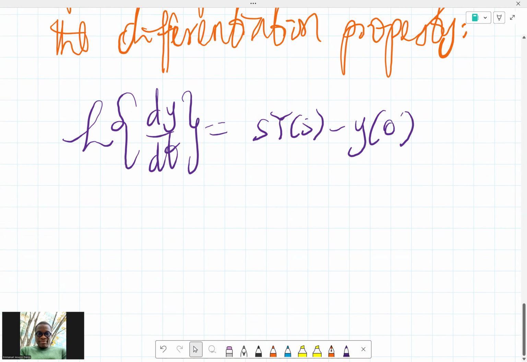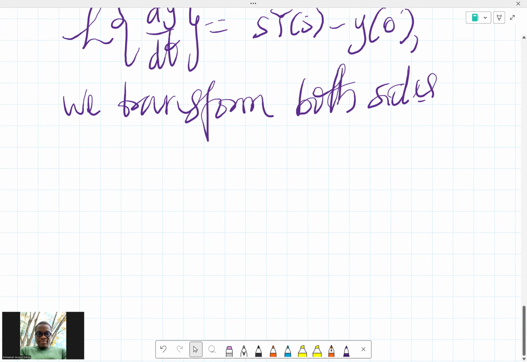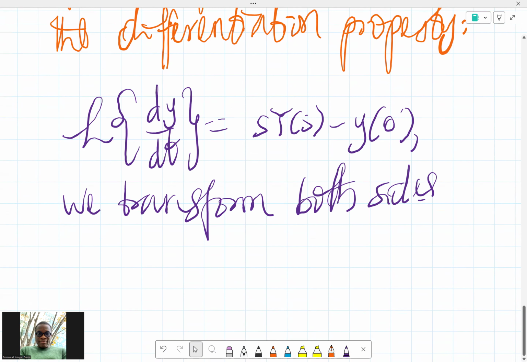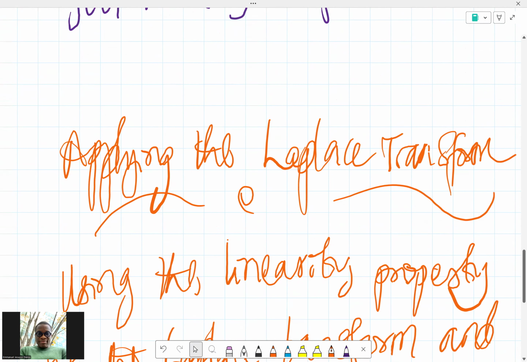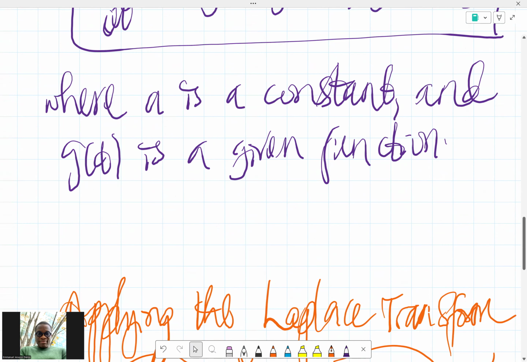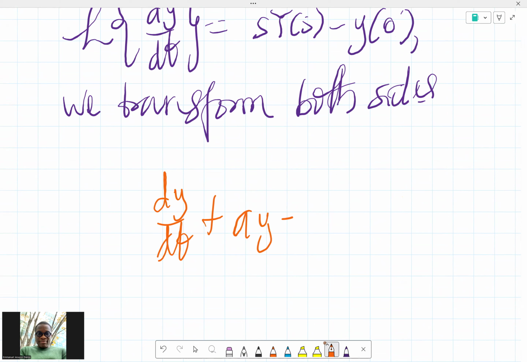So in that case, we transform both sides. For the left-hand side, you have dy dt plus ay equals g of t, with y of 0 equals y naught.